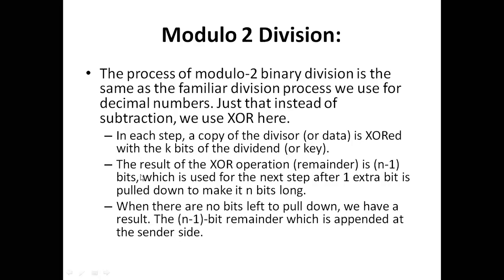The result of the XOR operation is n minus 1 bits, which is used for the next step after one extra bit is pulled down to make it n bits long. This is the same as our normal division, but whenever we want to do subtraction, we use the XOR operation instead. That is the only difference, and the rest is the same as normal division.